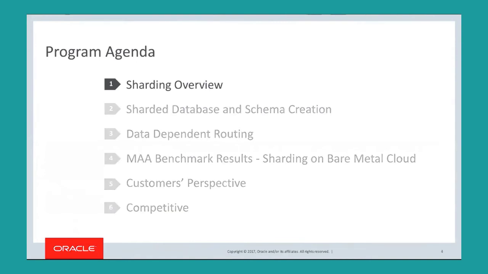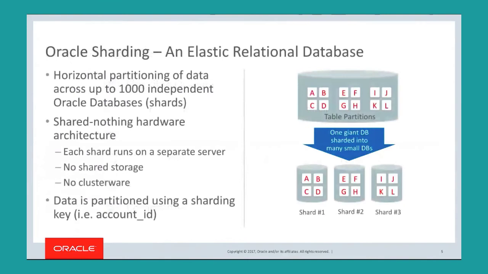So now, what is Oracle Sharding? It's basically a geo-distributed multi-model Oracle database. In its simplest form, a sharded database involves horizontal partitioning of data across a pool of Oracle databases. Let's say in this example, I have one large database, and it has numerous regular table partitions.